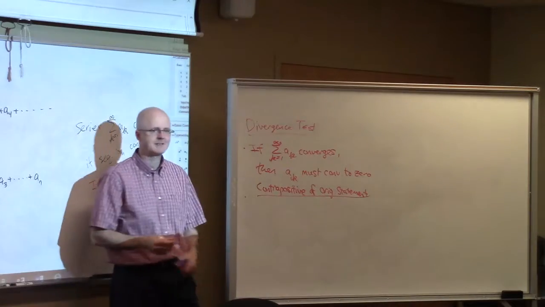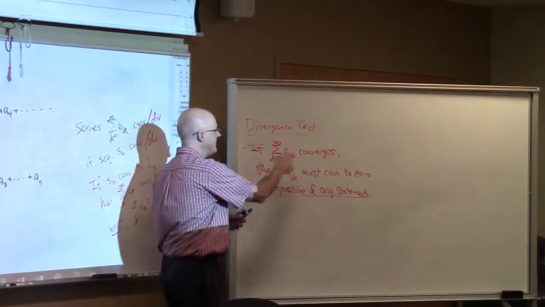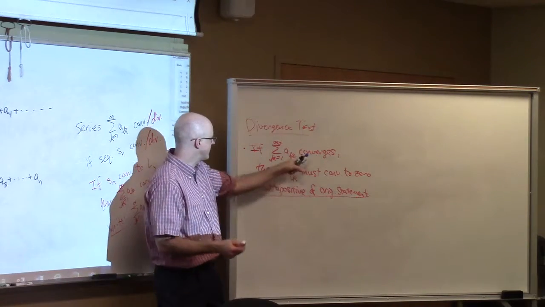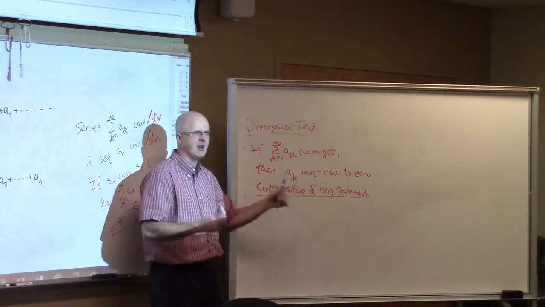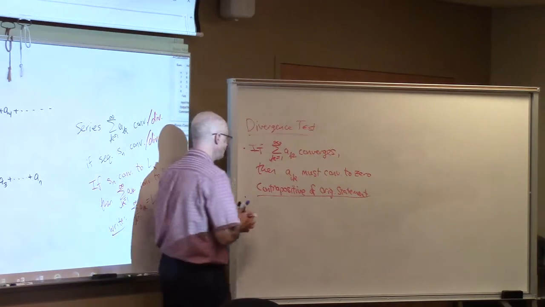Well, the word contrapositive is a fancy word from logic. It means take your if-then statement and switch around the roles of the things that come after the if and the then, and also negate them. Like this.